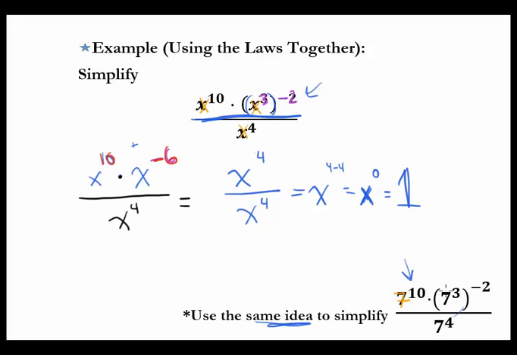It's the exact same operations that are happening to these terms, whether it's an x or whether it's a 7. So to simplify this thing, this thing is also equal to 1. It doesn't matter what the value of the base is. And I think that is it.